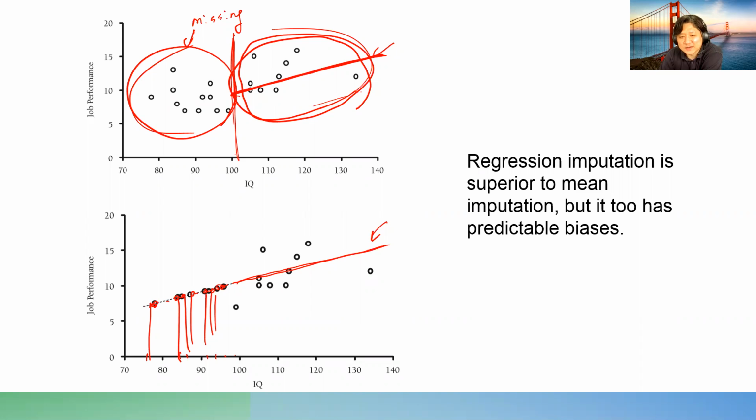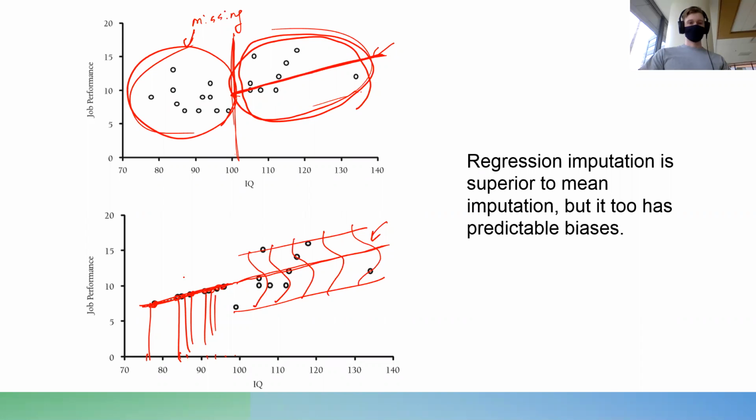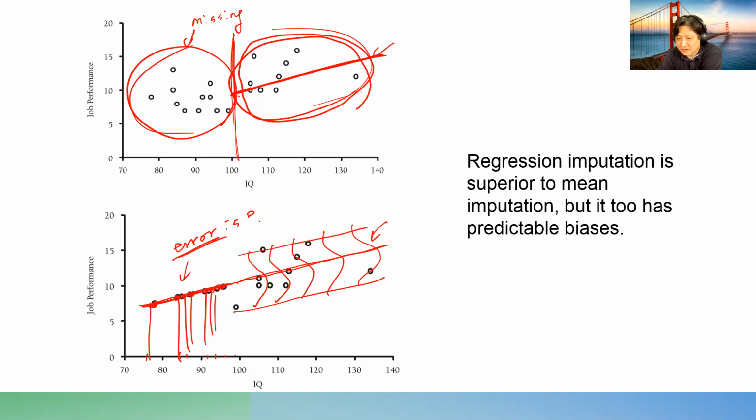Homoscedasticity, right? We assume that the data points have equal variance. But in this case, they are all on the same regression line. There is no variation. There is no error here, right? So the error portion is ignored. It restricts the variability of your data distribution.